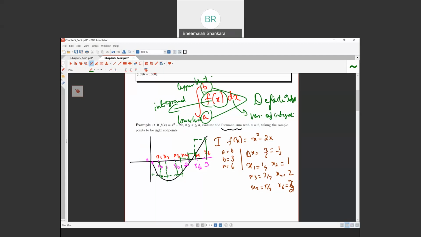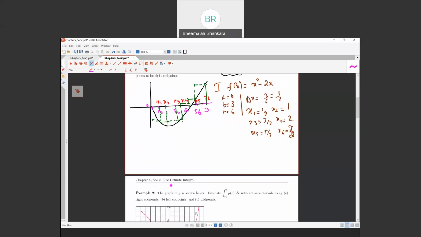So once you draw these rectangles, you're good to calculate the Riemann sum, which is summation i equal to 1 to n, where n is 6 here, of delta x times f of xi. The f of xi are called the sample points.